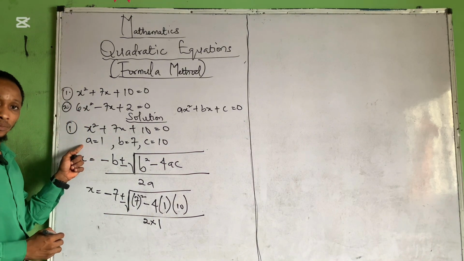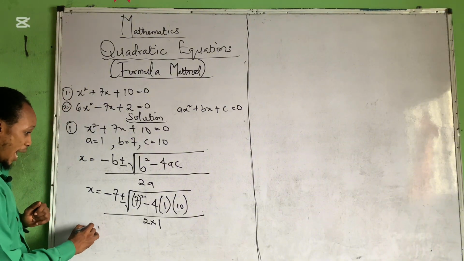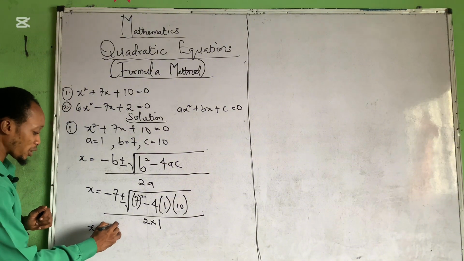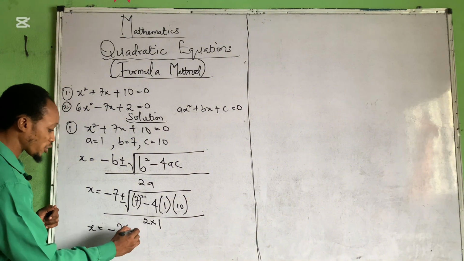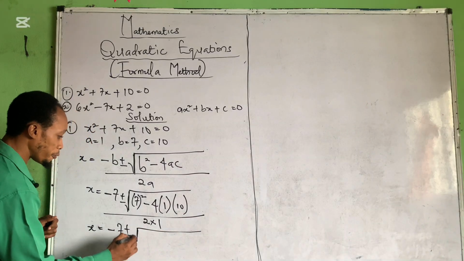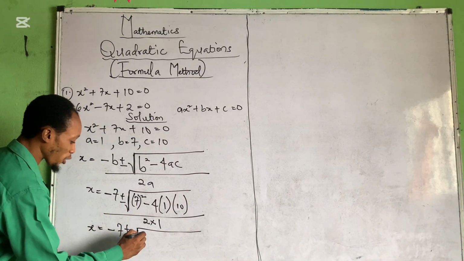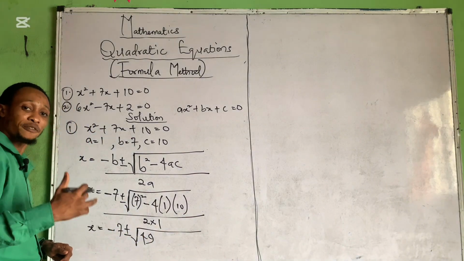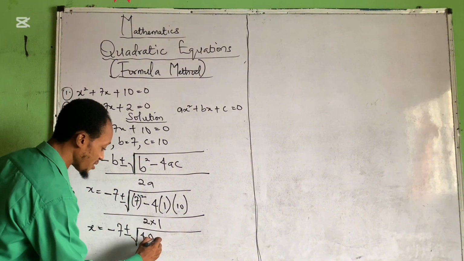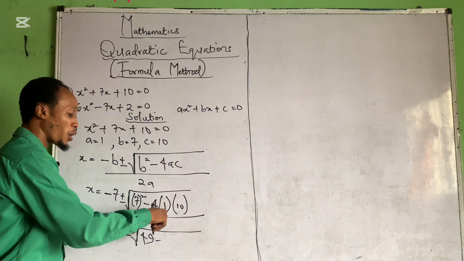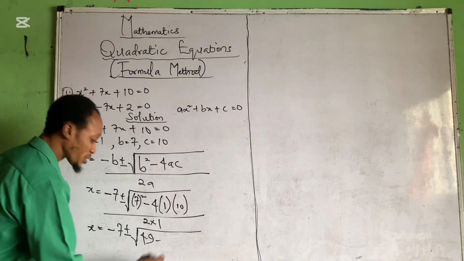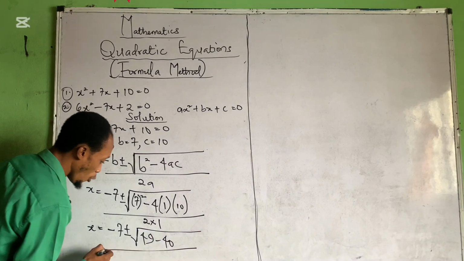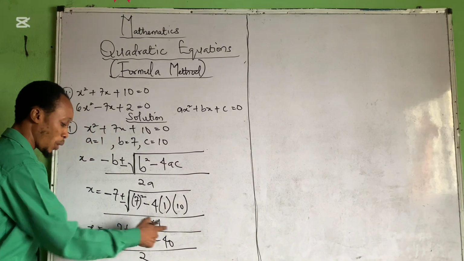1. Now, x equals minus 7 plus or minus square root of 7 squared is what? 49. 7 squared means 7 times 7. Minus 4 times 1 is 4, times 10. That will be 40, over 2, which is 2 times 1 is 2.